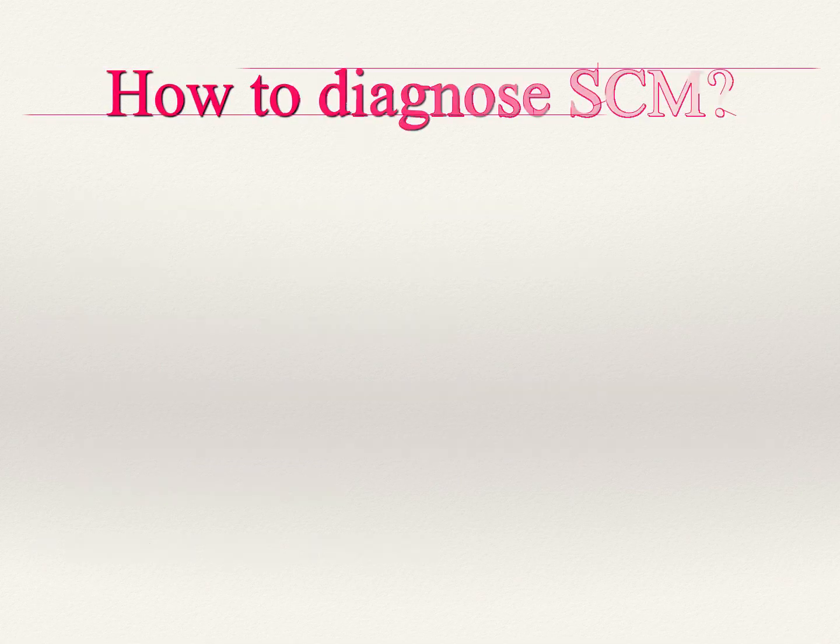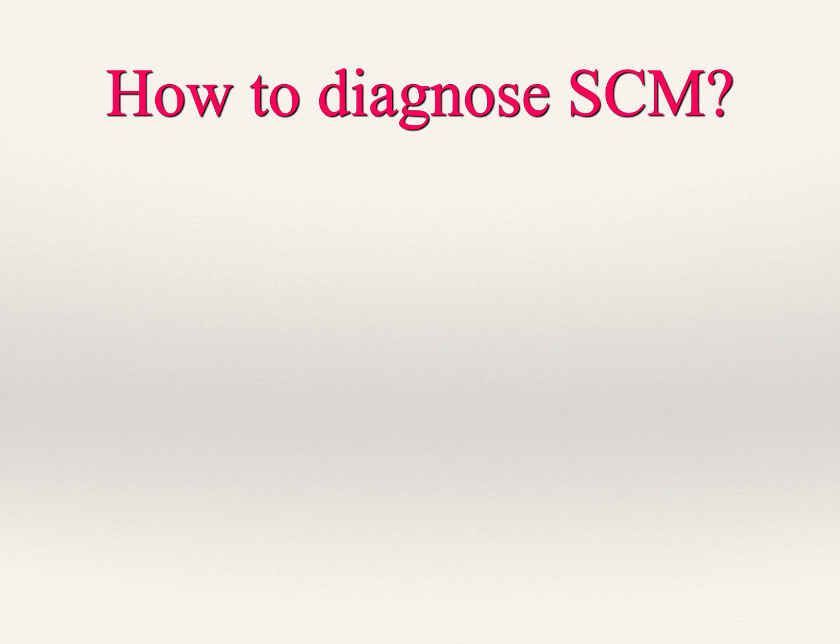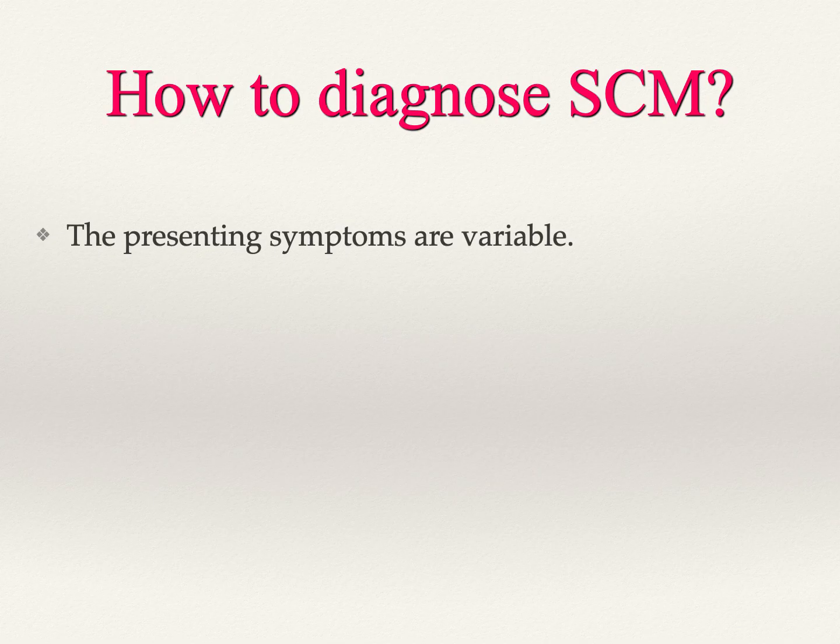How to diagnose a case of split cord malformation? Since we started medical school, all teaching is you need to do history, clinical examination, and then based on both you will ask for the investigations. The presenting symptoms are a bit variable.